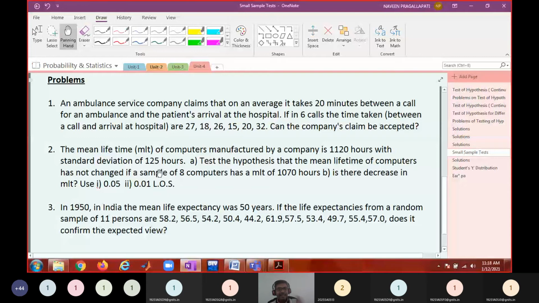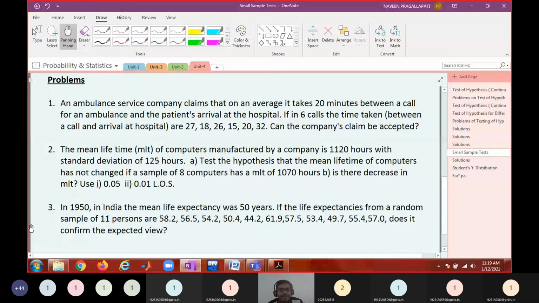The data about the sample starts from here only, right? Up to this, they are talking about the company's computers. There is no sample description, so when you accept this as the mean of the population, this has to be the standard deviation of the population. How can you say one is the mean of the population and the other is the standard deviation of the sample? Either both refer to the sample or both refer to the population.